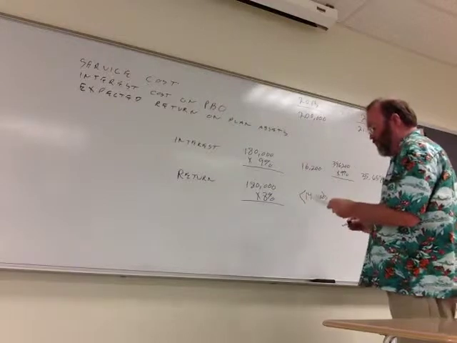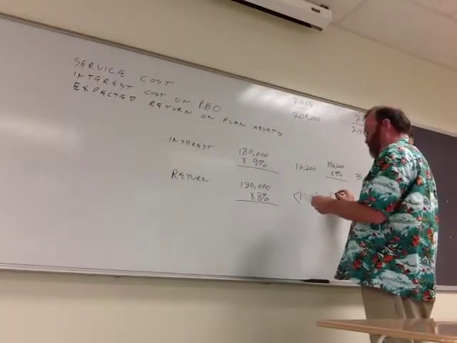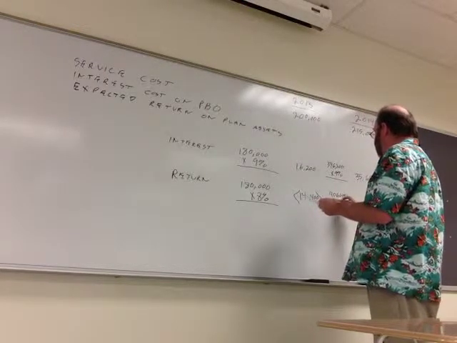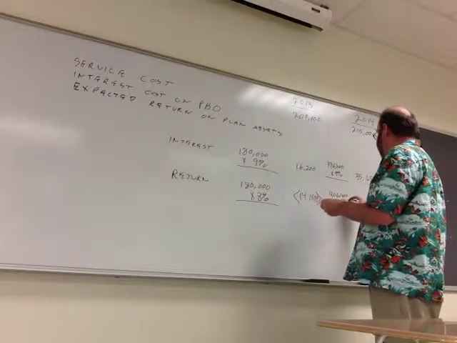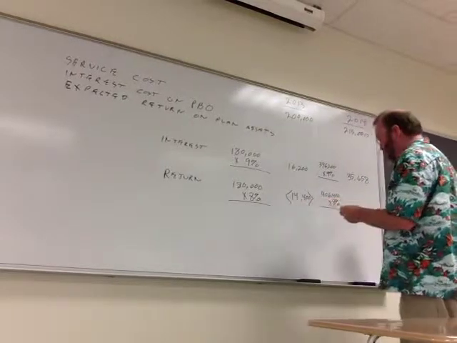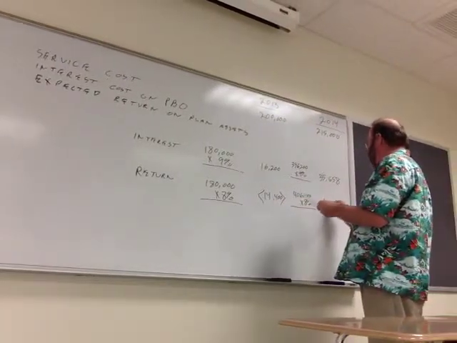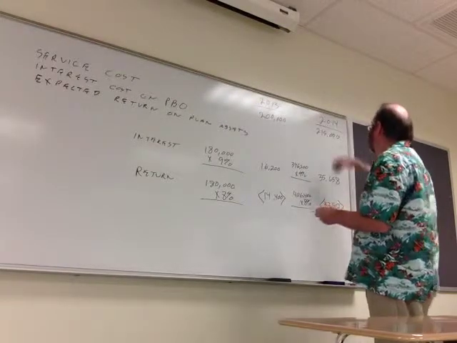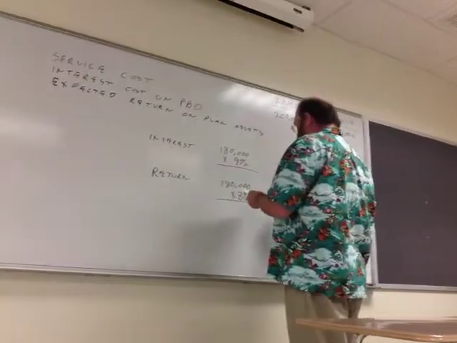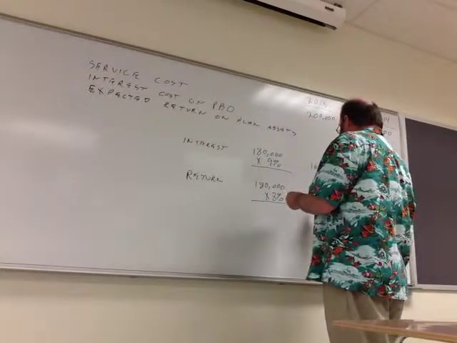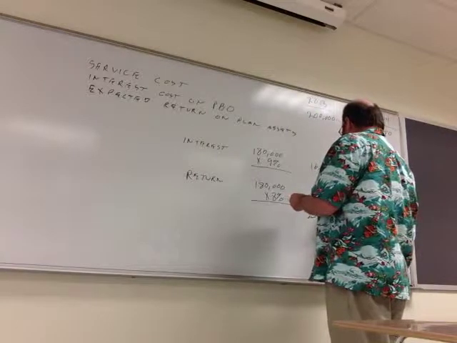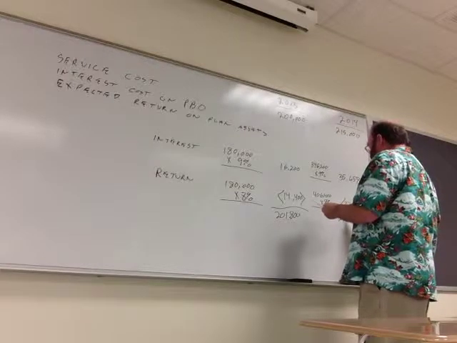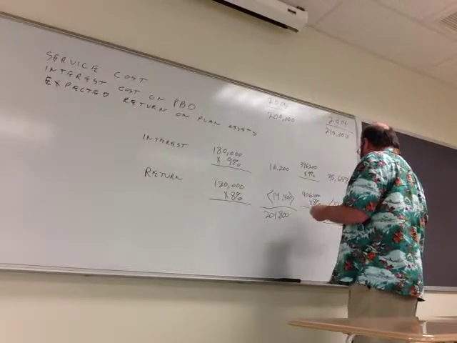And then our plan grows to 406,400 times 8%, for 32,512. Add all that up for 2013, we get a pension expense of 201,800, and for 14, 218,146.